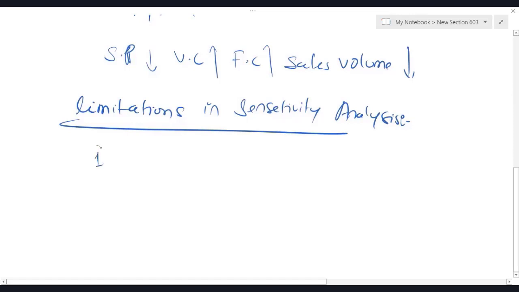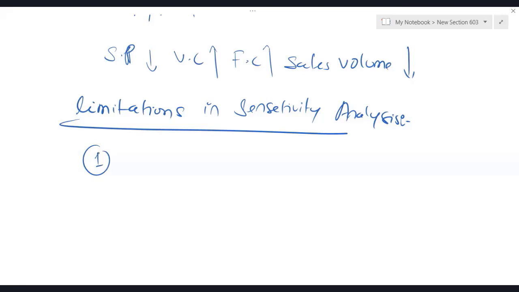Number one, if you concentrate on my example, I said how much reduction in the selling price will make NPV zero, how much increase in the variable cost, how much increase in the fixed cost, how much reduction in the sales volume. One of the limitations in sensitivity analysis is that it is applicable only on one variable at a time and assumes all other variables are constant, which is obviously not the case practically.